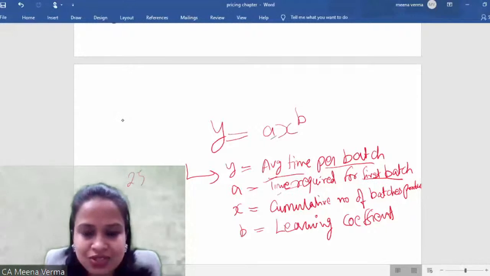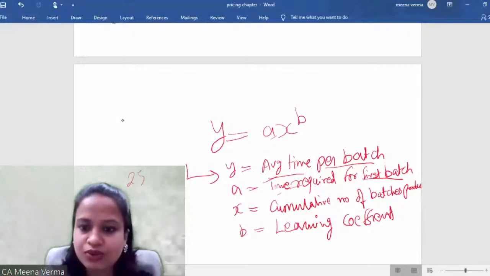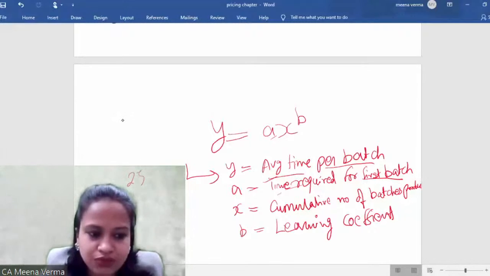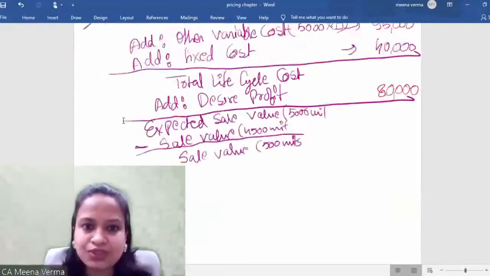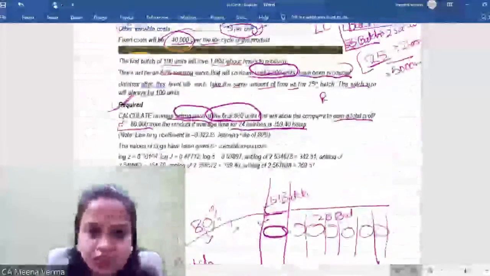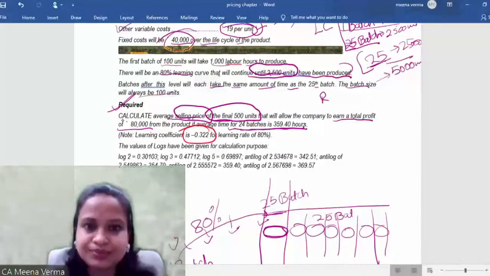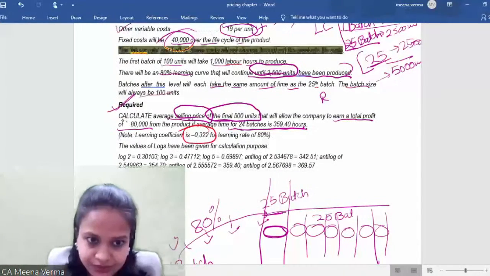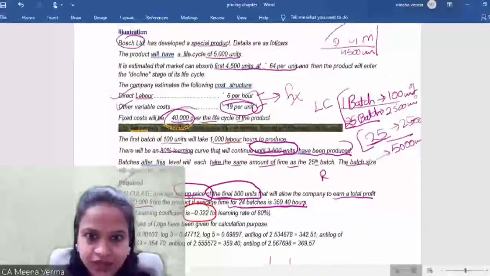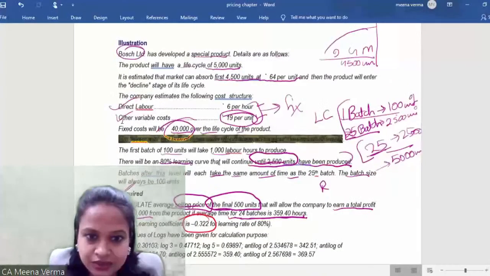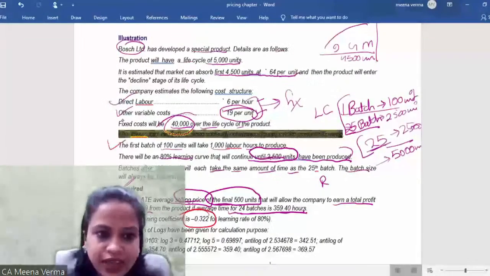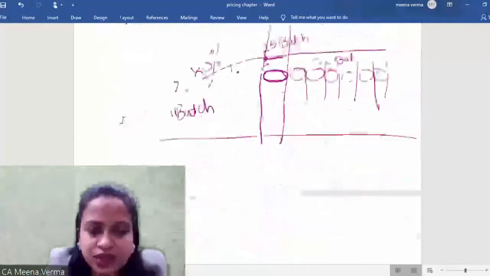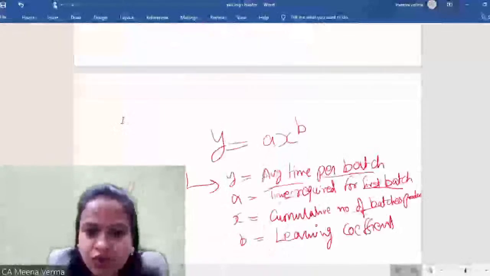A is the time which is required for the first batch. X is the cumulative number of batches. You are producing 25 batches here, and the learning curve is 80%. I think the learning curve coefficient is given in the question. The value of A is also given. What is A?